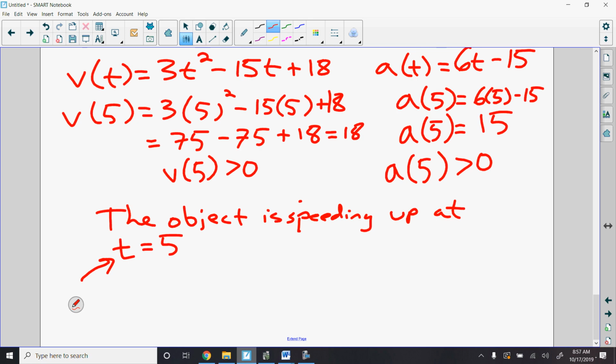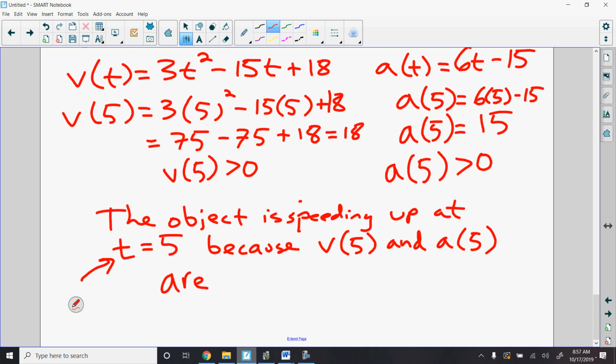My justification is because, don't just say they have the same signs, that's not being specific. We want to say because v of 5 and a of 5 are the same sign. And that is a good specific justification to answer this question.